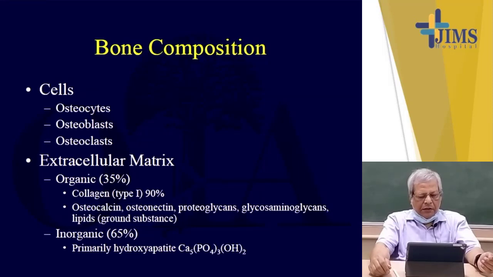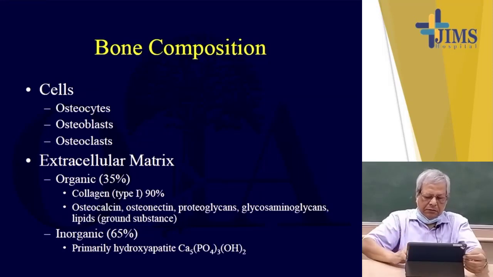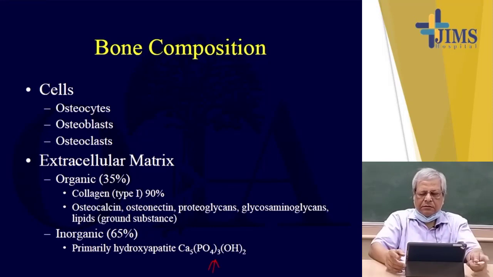Among the organic, collagen is 90%, these are proteins, then osteocalcin, osteonectin, proteoglycans, glycosaminoglycans, lipids, and most important, the inorganic 65%, these are hydroxyapatite crystals. You will have to remember the formula of these calcium hydroxyapatite crystals. These are the calcium hydroxyapatite crystals.